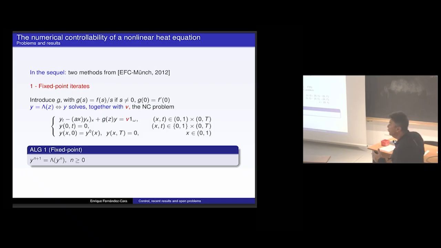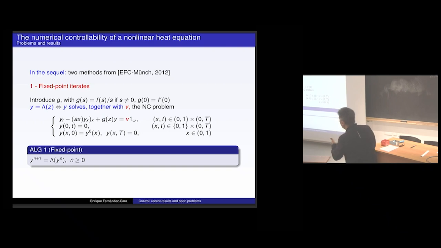It is open to prove that this converges, but there is a modification of the algorithm that gives convergence. So probably it is possible to prove that with the method that I have described, we get convergence.